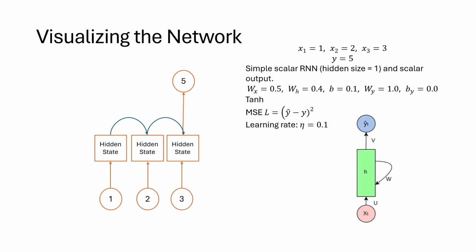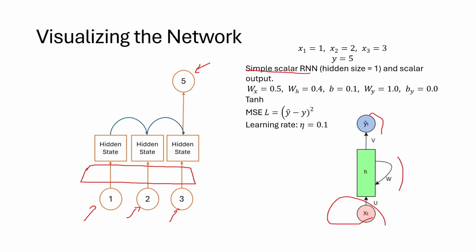Visualizing the network, we can see that the input is 1, 2, 3, and the output is 5. It's a simple scalar recurrent neural network, so we have input, hidden, and the output. These weights, the Wx, are for the input part, so these all share the same weight of 0.5 in the first iteration.